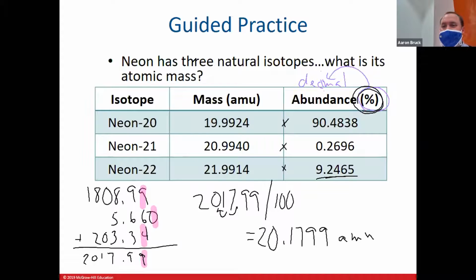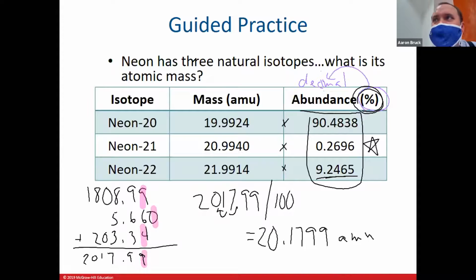So like I said, I don't have a shortcut. This isn't a shortcut, but it does save you a little bit of grief from trying to turn these percentages into decimals first, especially on this one.